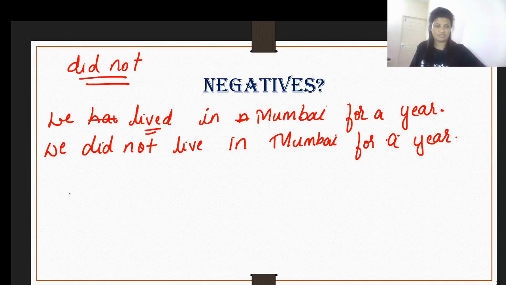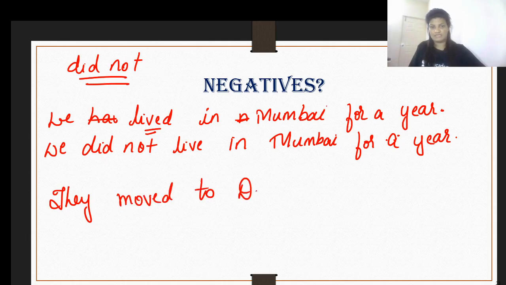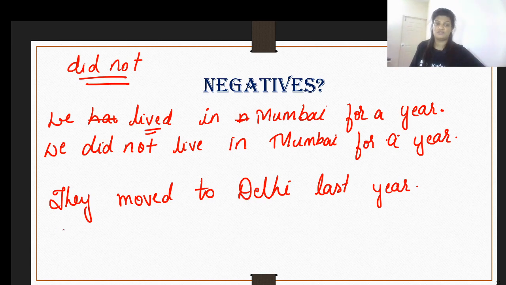Next statement is they moved to Delhi last year. Now this has to be converted into the negative usage. Thereby we get this statement.